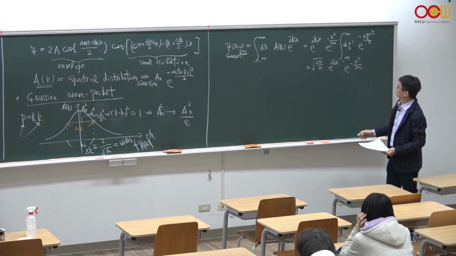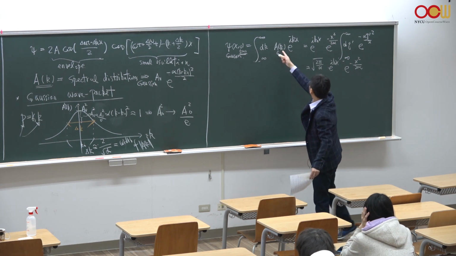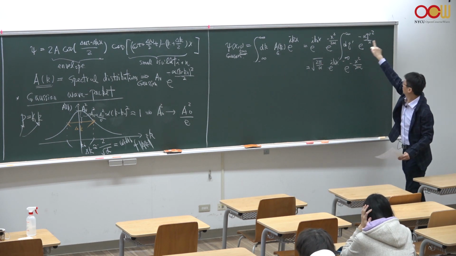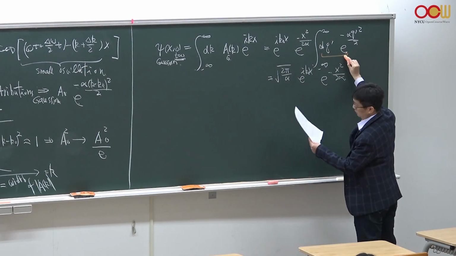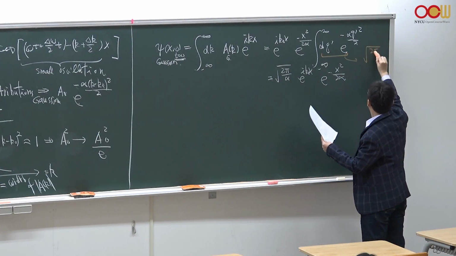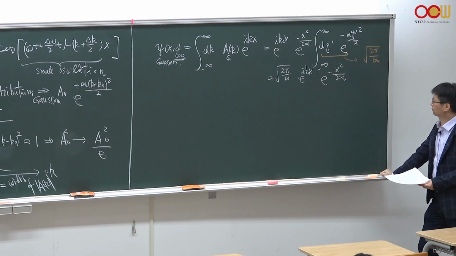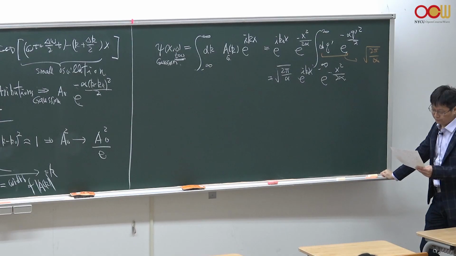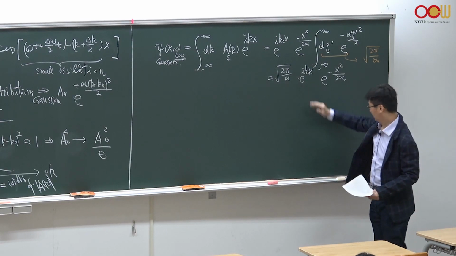So, you could simply plug in this Gaussian spectral weight right here and perform this Gauss integration, and it gives you the square root of 2 pi over alpha. You can check the table of integrals, and then your real space wave function, the wave function of your wave packet, is given by this thing.